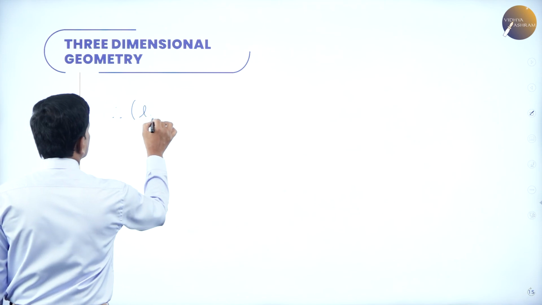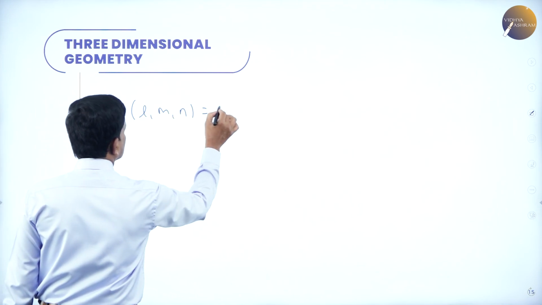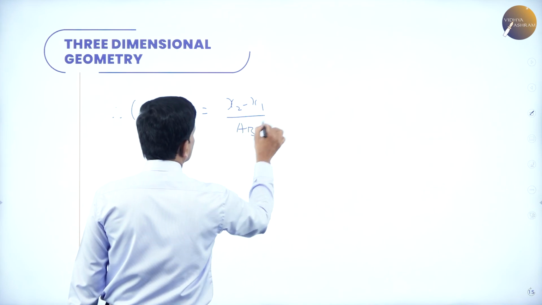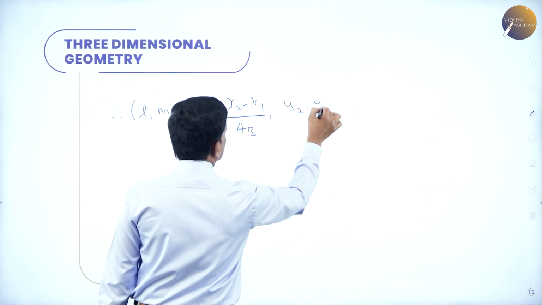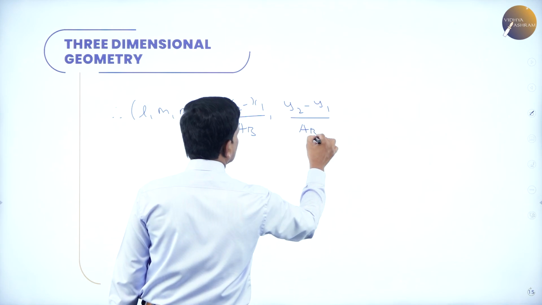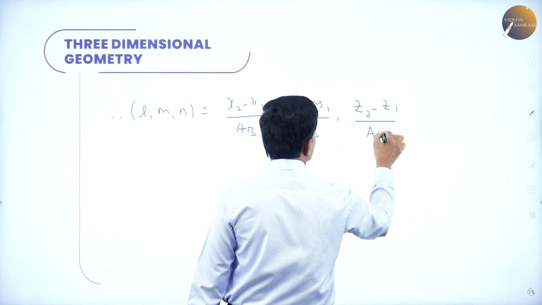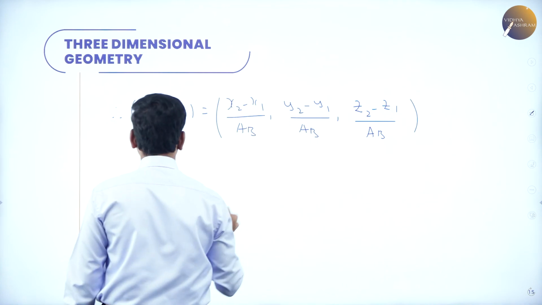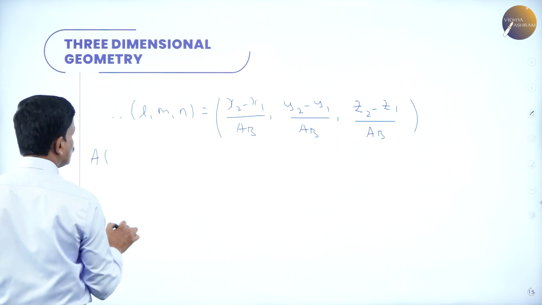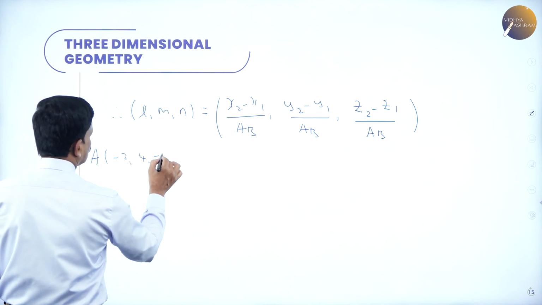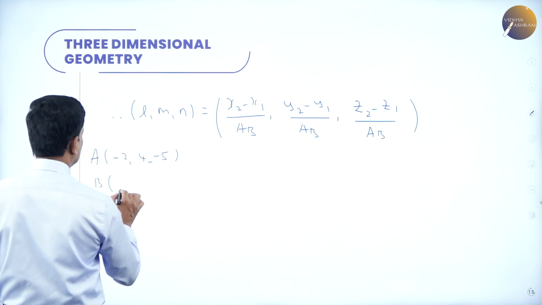Therefore, L, M, N is equal to x2 minus x1 divided by AB, y2 minus y1 divided by AB, z2 minus z1 divided by AB. Now, what is here? A is -2, 4, -5. B is 1, 2, 3.